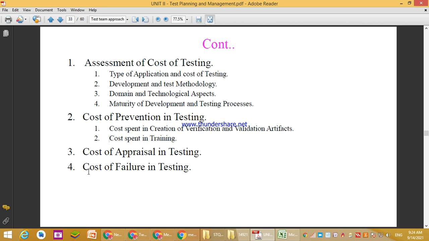So the efforts they made previously are considered a failure in testing, and the cost required for that testing is considered under cost of failure in testing. Through this slide, I want to tell you that these are the four things or four issues which directly impact the cost aspects of testing.